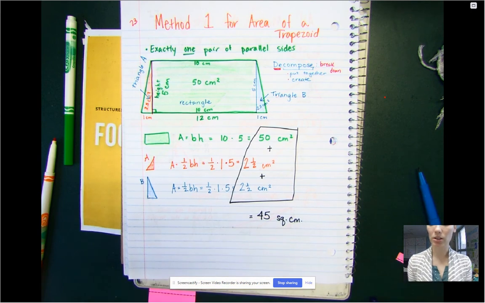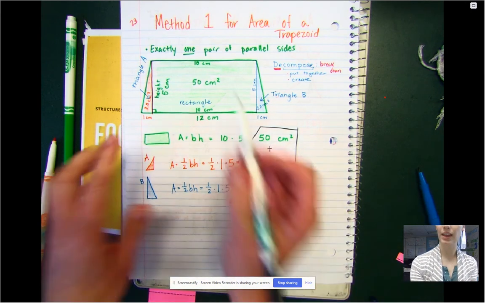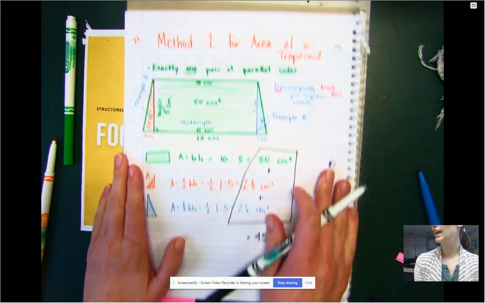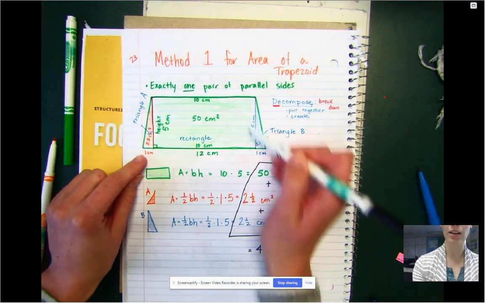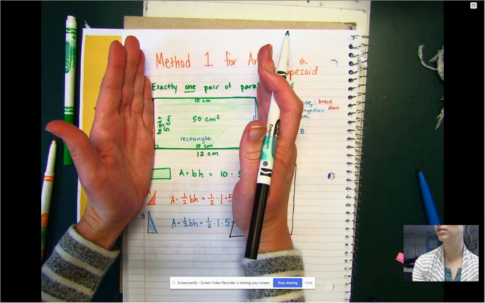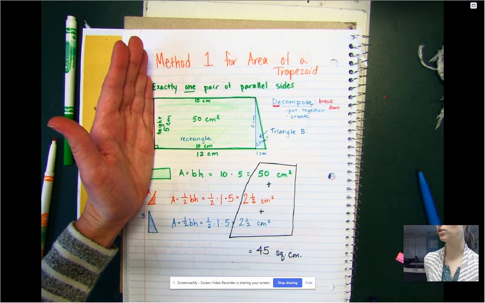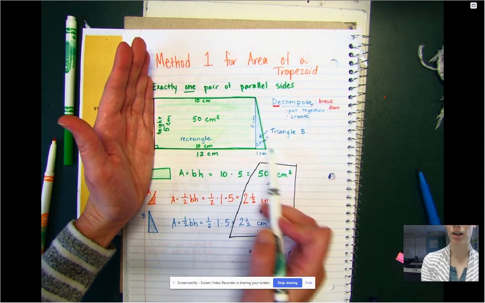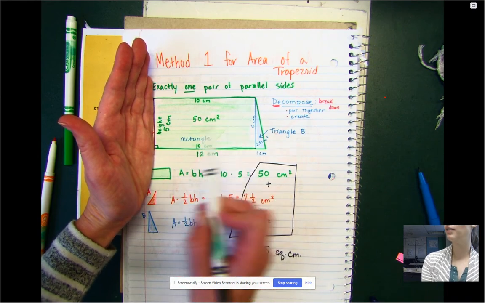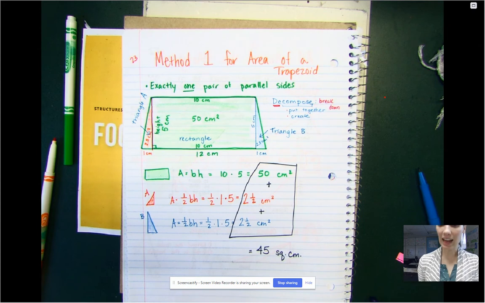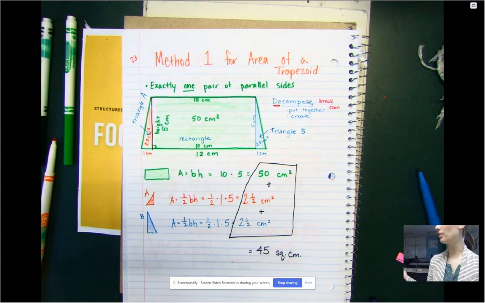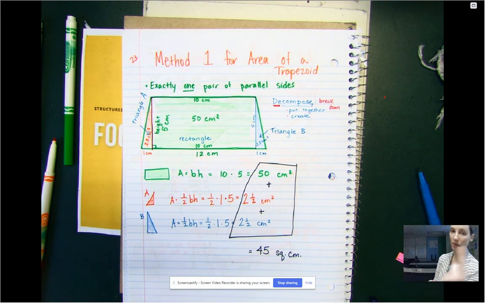So in other words, one way to find the area of a trapezoid is to decompose that trapezoid into a rectangle and 2 triangles. Or if it's a weird trapezoid like that, you'd have a rectangle and 1 triangle. To find the area of those figures separately and to put them together. This option is more steps, but the bonus is you don't have to learn any new formulas. So there is way 1.